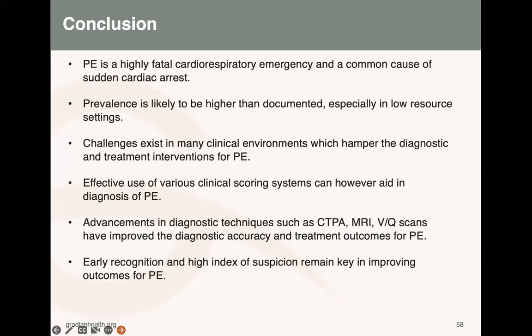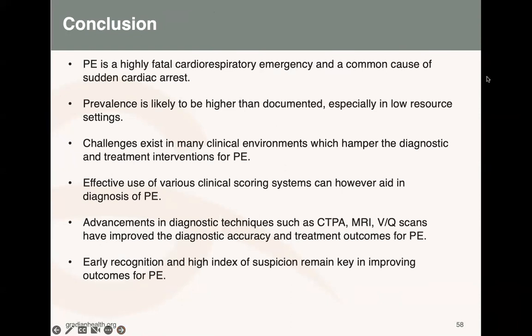So in conclusion, PE is a highly fatal cardiorespiratory emergency and a common cause of sudden cardiac arrest. If you remember all the causes of cardiac arrest, the T's, there's thrombus, and under thrombus is where we're thinking of PE or MI. So we should always think of PE as one of the fatal things and treat it as a true emergency.